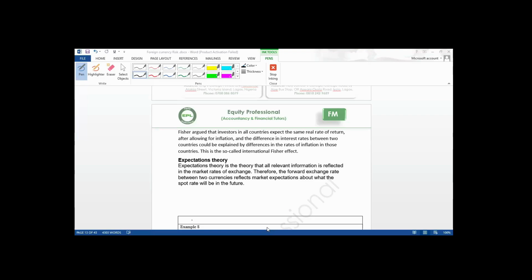So market expectation has an impact on your currency value. We discussed the rule for buying and selling foreign currency. We have discussed theories of exchange rate determination.